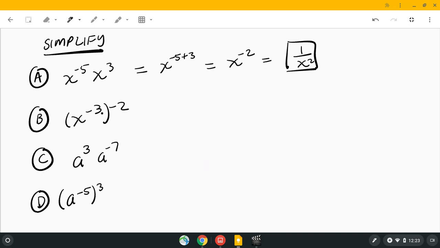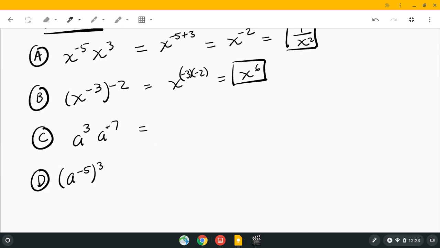Here I have the power rule, so I can multiply these. So this will give me x to the negative 3 times negative 2, which is x to the 6th. It's positive, so we're good.